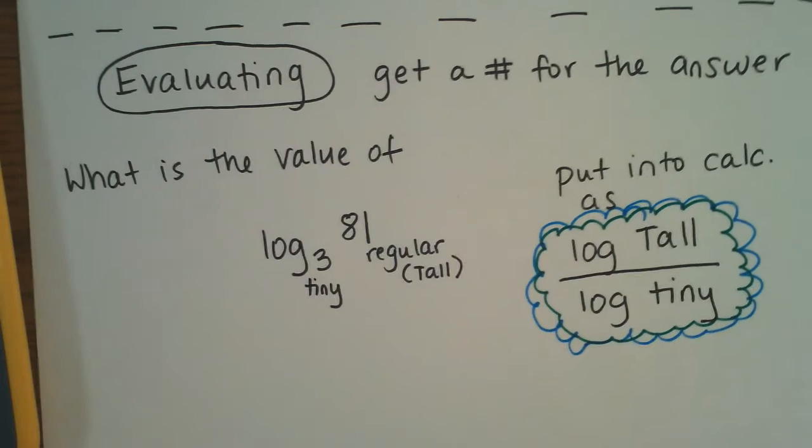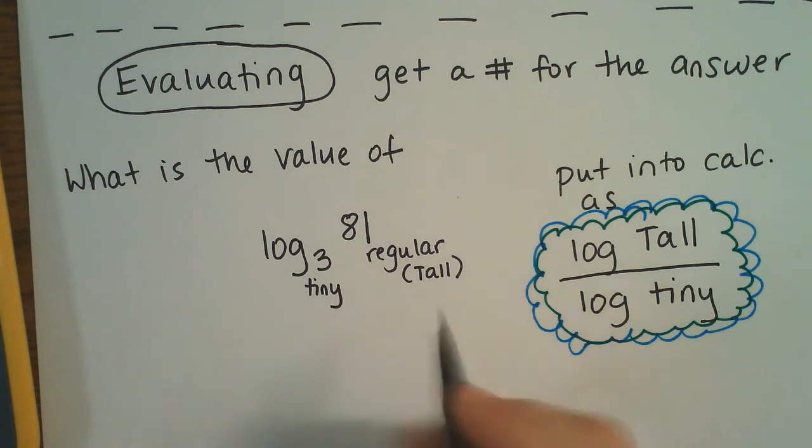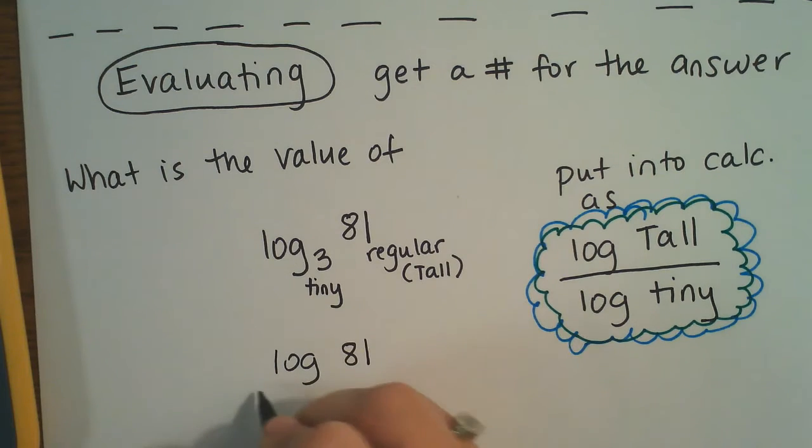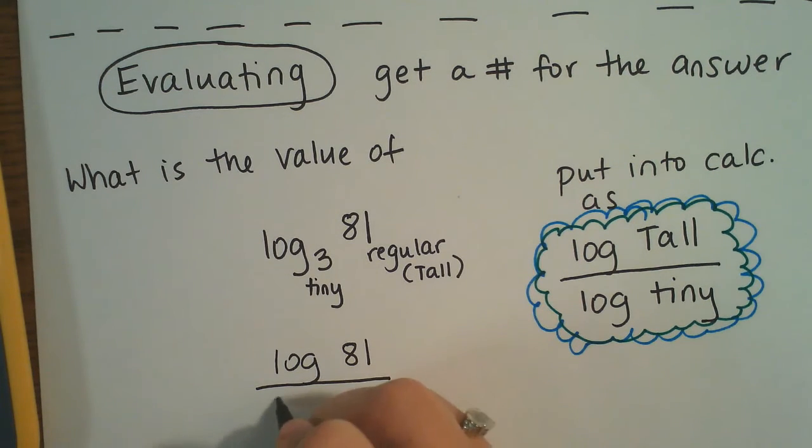So big over small. I'm going to put this into the calculator as log 81 divided by log 3.